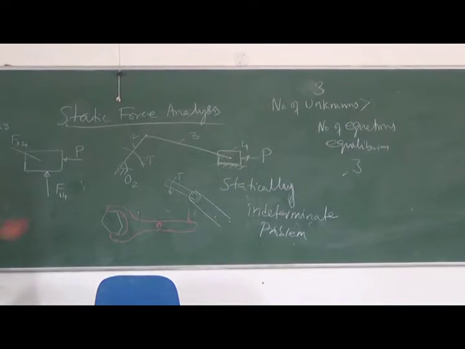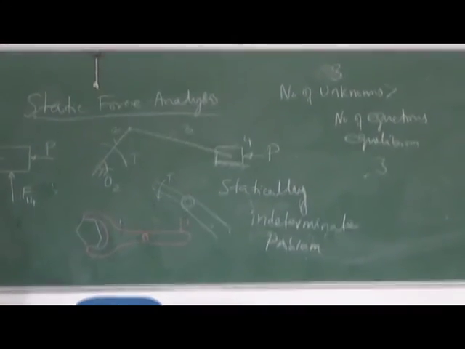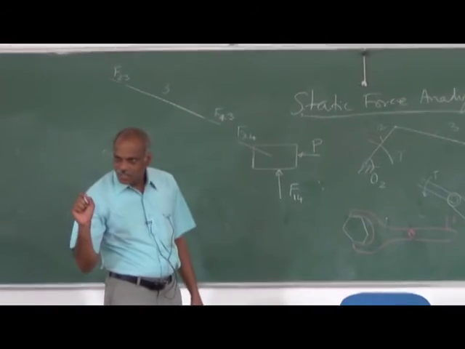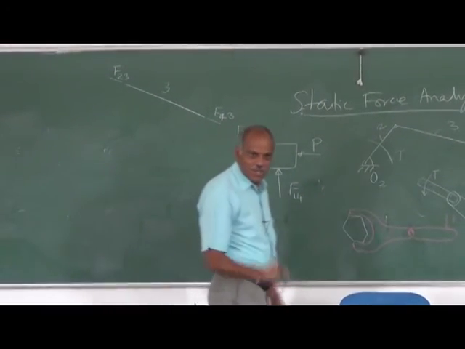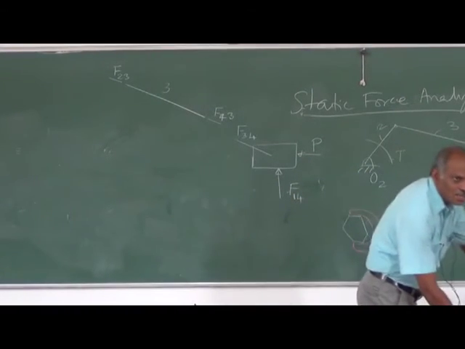Then you have 3 equations, so you can uniquely determine what forces are acting. So for a simple 4-legged chair itself, you cannot find out the forces acting on it. You cannot calculate it. You can only make a measurement.